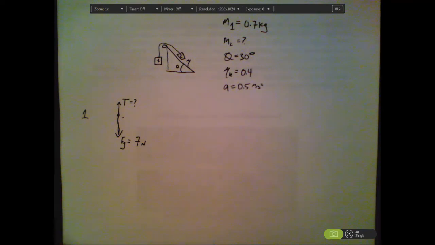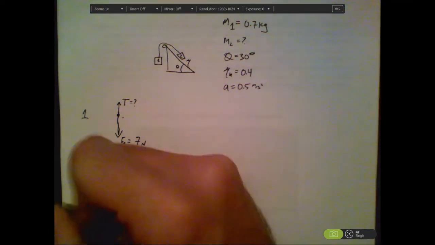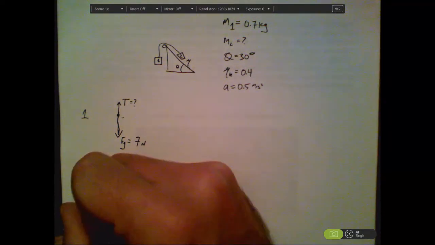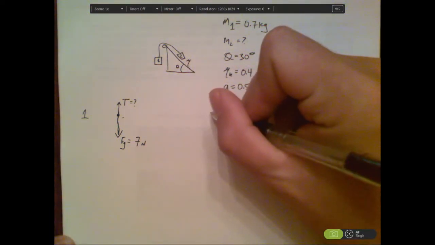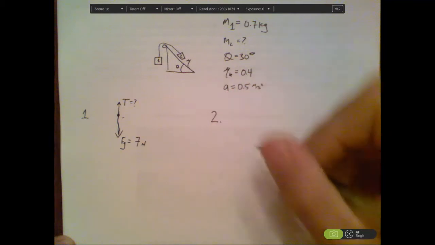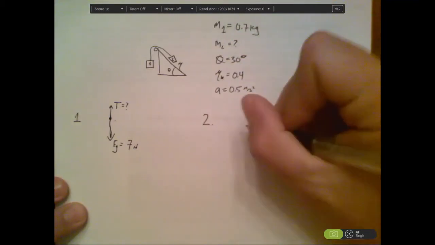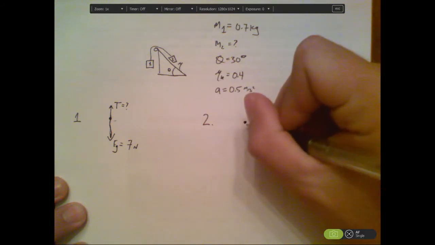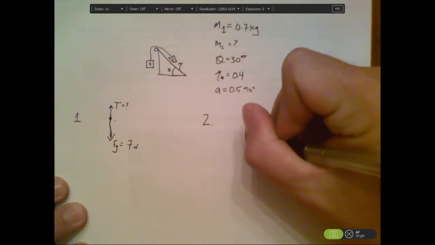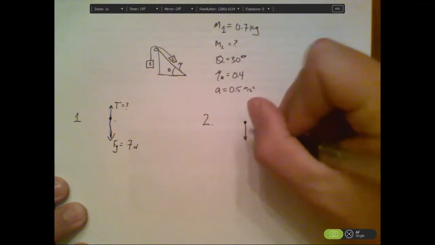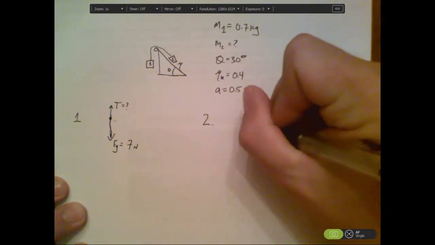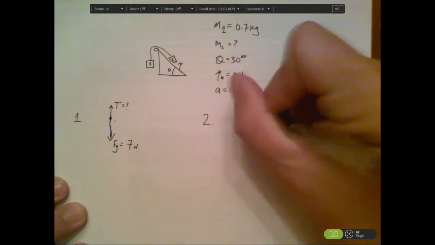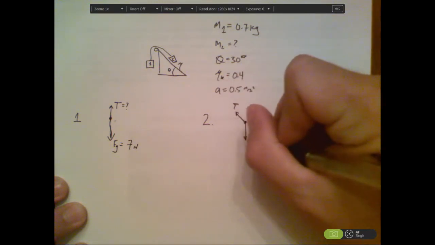That's for object 1. Free body diagram for number 2, this one over here, is a little bit trickier. Since it's on an incline, again we have gravity pulling it straight down, and we have the tension pulling it up the ramp.